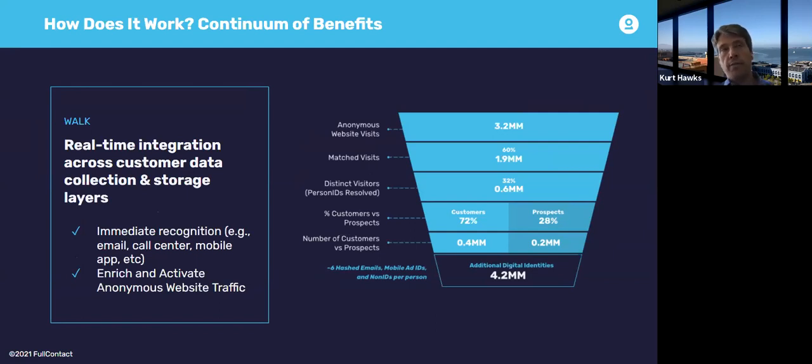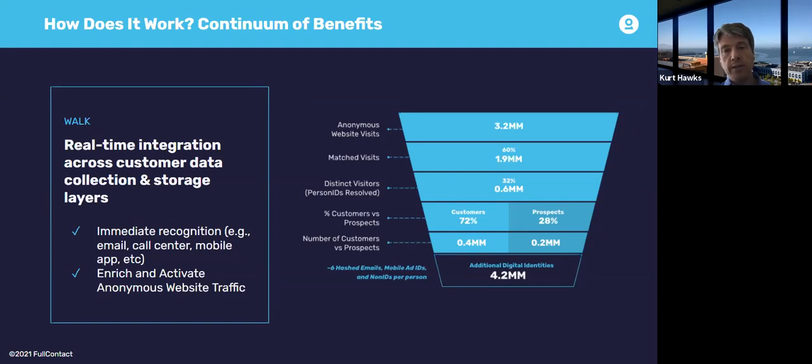So if I'm a customer or prospect for that matter, and I join an email newsletter or sign up for a promotion or coupon, the moment that email address is provided, you can take that in real time and ask: does this belong to an existing customer or prospect, or is it a net new customer or prospect? So this real-time integration around different consumer touch points, at the point in which they're gathered and stored, is the walk stage.